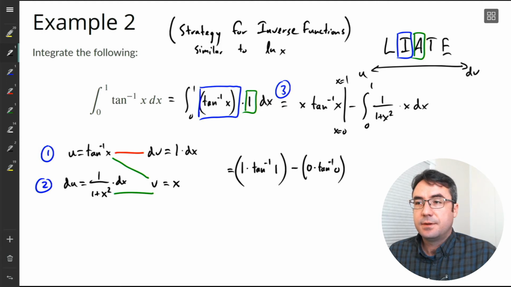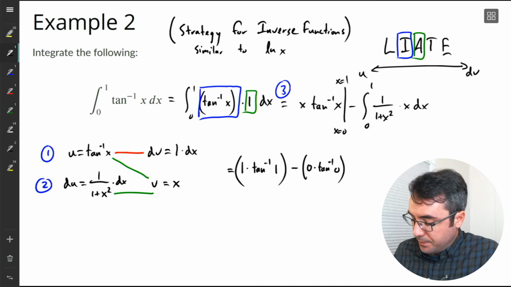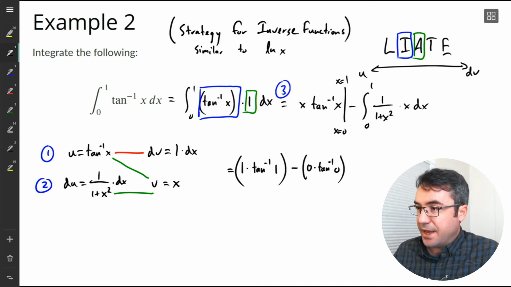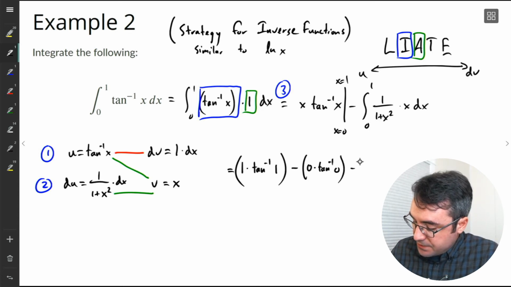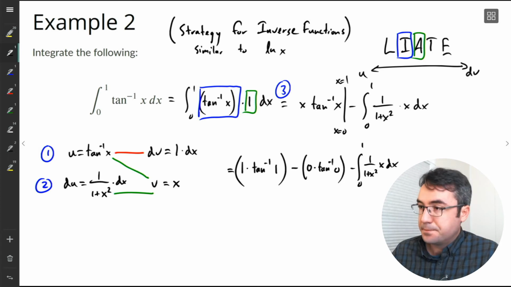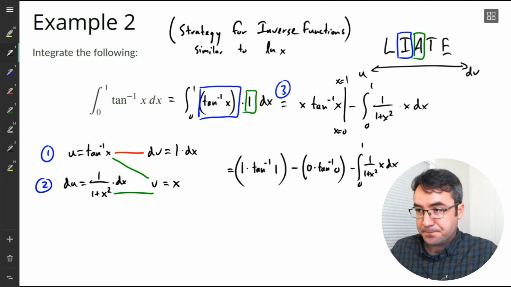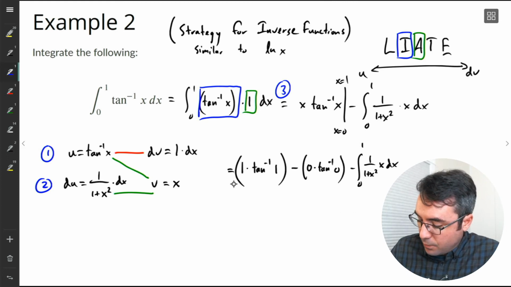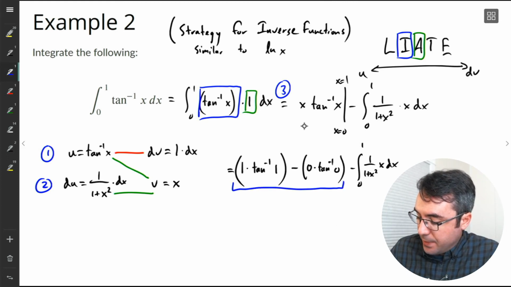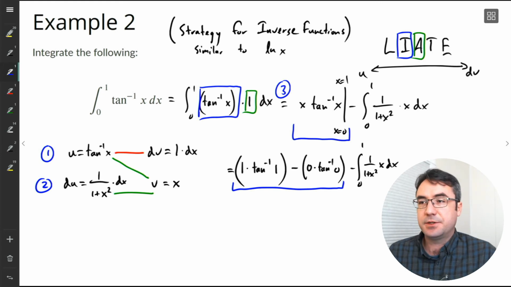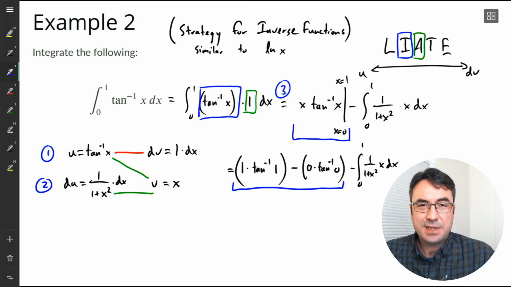And let's clean that up a little bit. We can maybe simplify that down. And we'll save this definite integral until a little bit later. So we'll just tuck that off to the side for now. So right now we're just worrying about evaluating this u times v part, because that remaining integral is going to require a few extra steps.